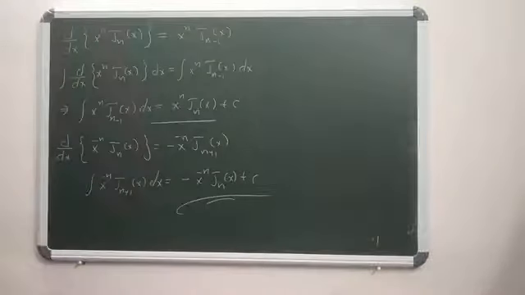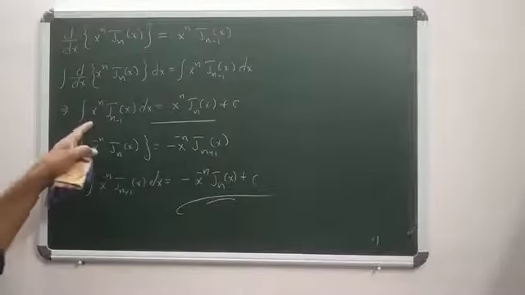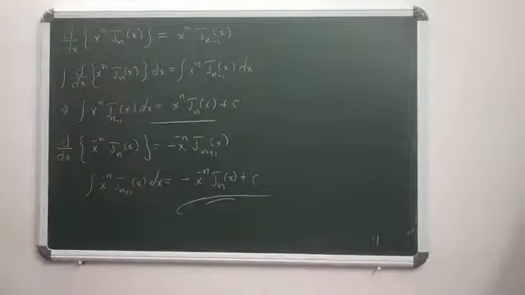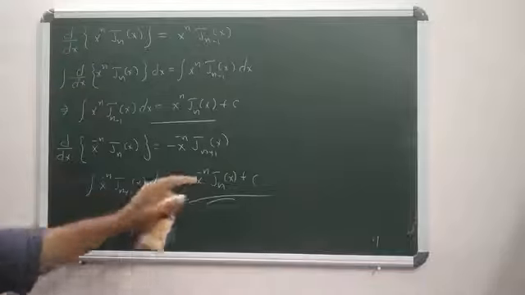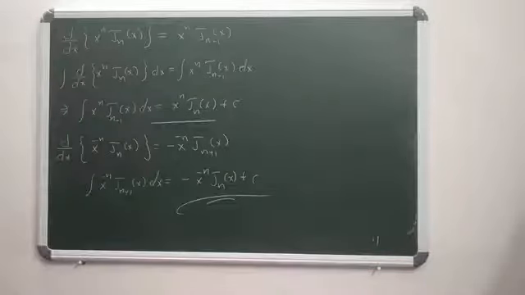So these are two important results of Bessel functions in terms of integration. Integral of x^n J_{n-1}(x) dx is x^n J_n(x) plus c, and the integral of x^{-n} J_{n+1}(x) dx is minus x^{-n} J_n(x) plus c.